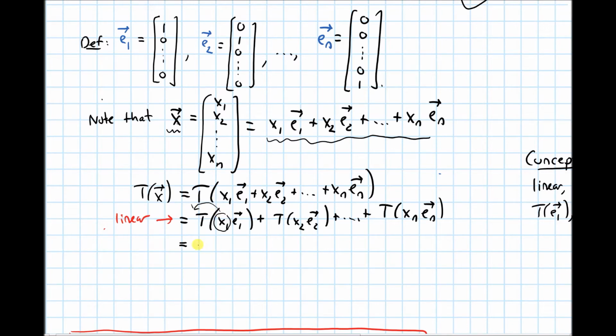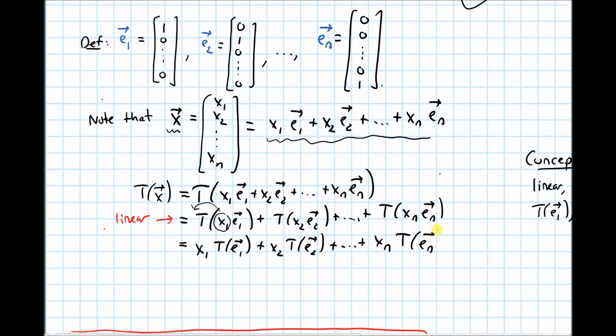So if I do that with all the constants, I'll get x1 in front times T of e1 plus x2 in front of T of e2 plus dot dot dot plus xn in front of T of en.